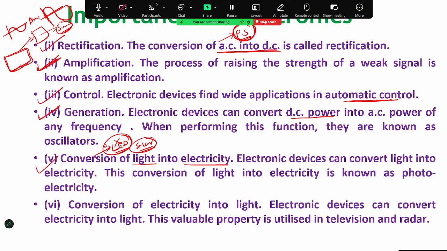And the conversion of electricity into light: you have LED displays, LED bulbs, and normal tubes. These convert electrical energy into light.